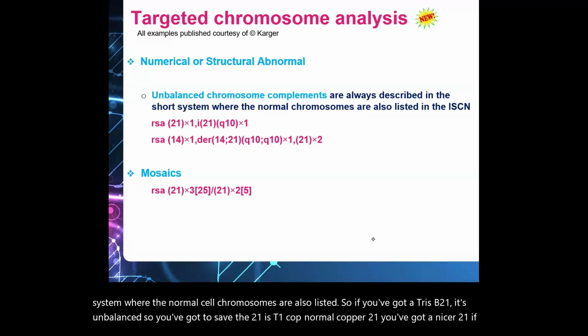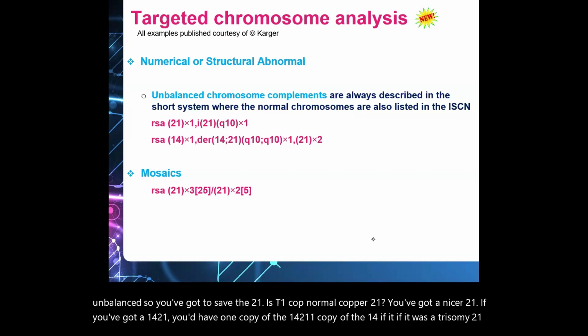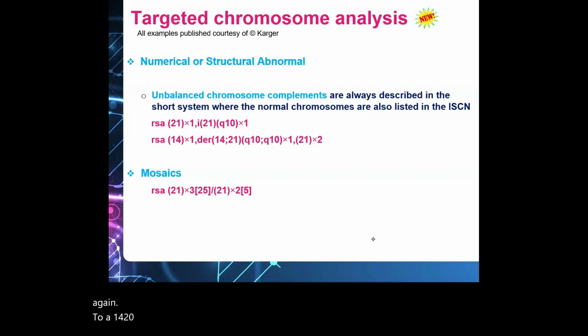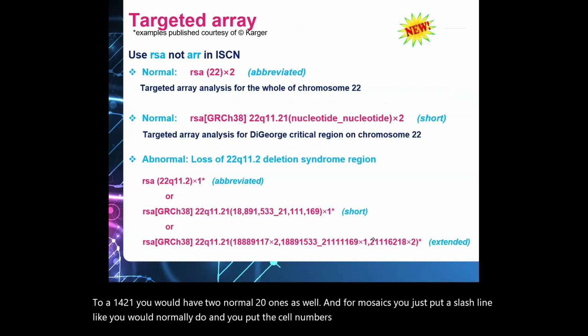If you've got a 1421, you'd have one copy of the 1421, one copy of the 14. If it was a trisomy 21 due to a 1421, you would have 2 normal 21s as well. And for mosaics, you just put a slash line like you would normally do, and you put the cell numbers after it.